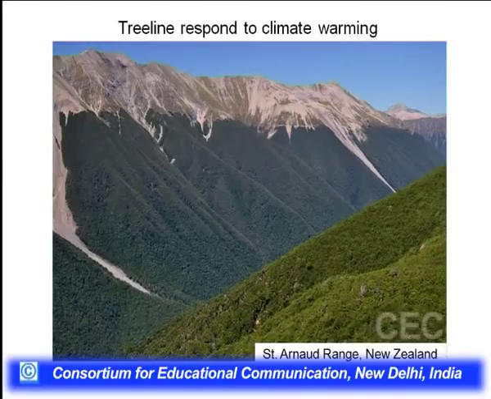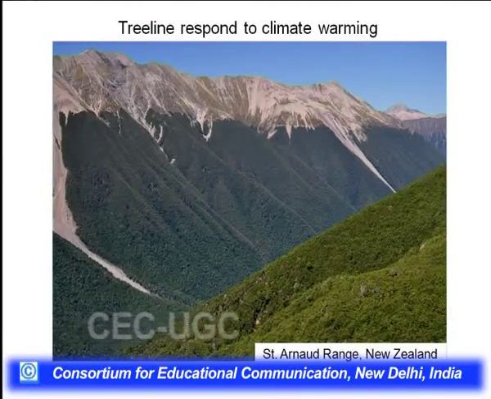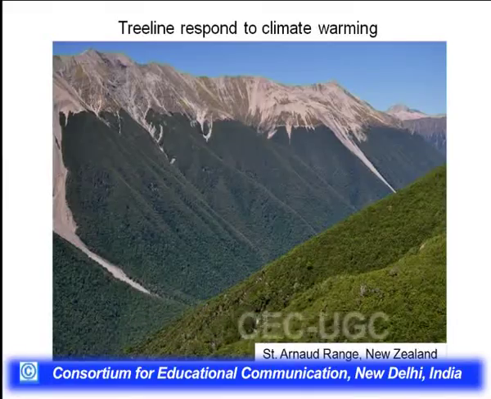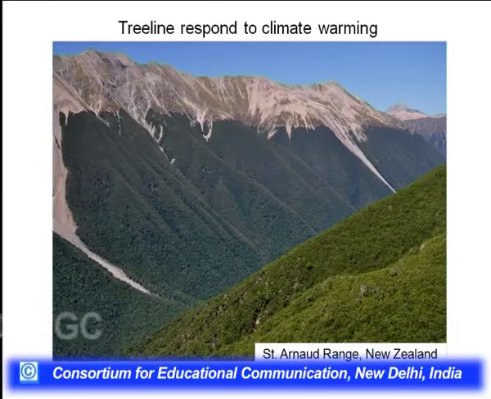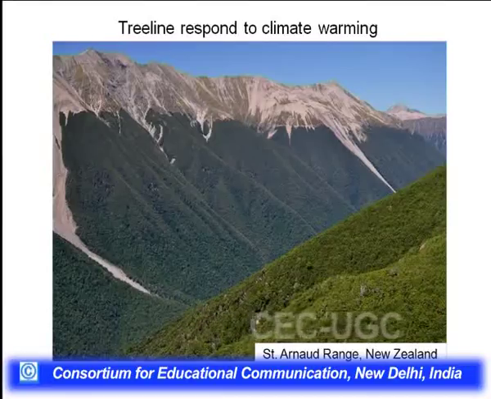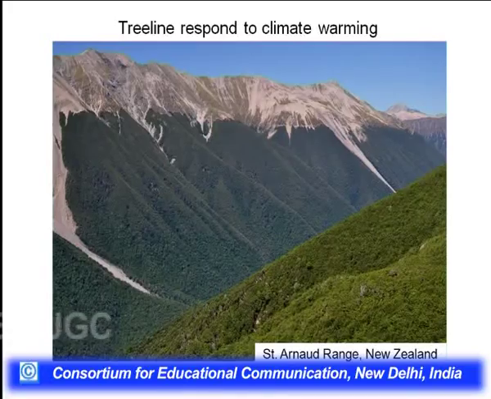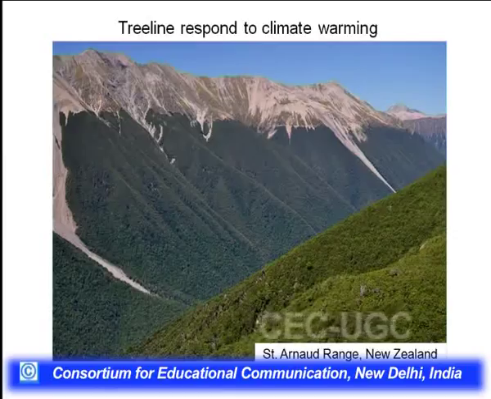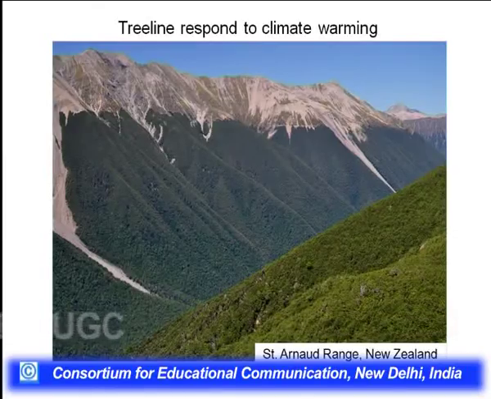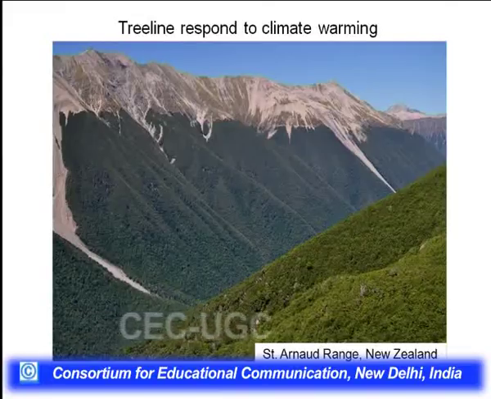You can see St. Arnaud Range, New Zealand, and in the case of the Himalaya also we have a very typical picture that emerged recently, and due to the glacier retreat, the tree line is also increasing. Tree line is a very important indicator to analyze the glacier retreat or changing nature of the glacier.